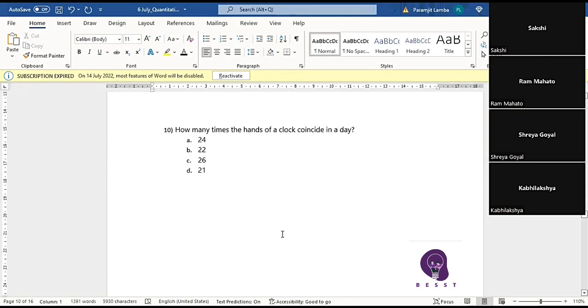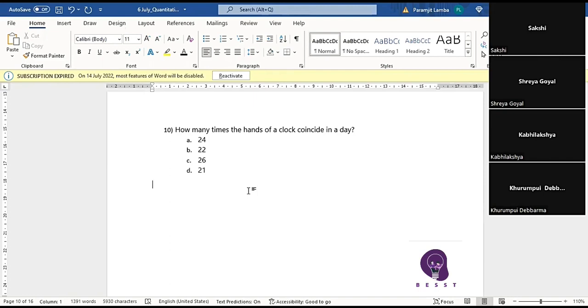How many times do the hands of a clock coincide in a day? Cutting a roll into 10 parts, you need 9 slices, not 10. That's a hint.